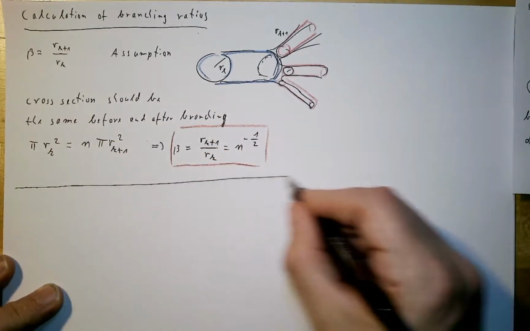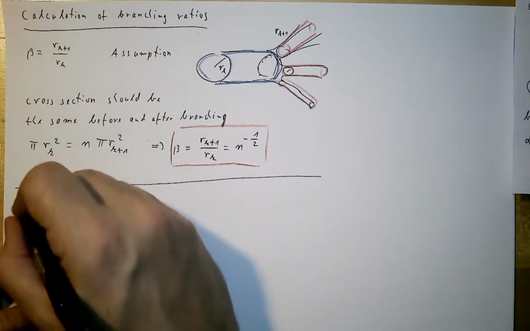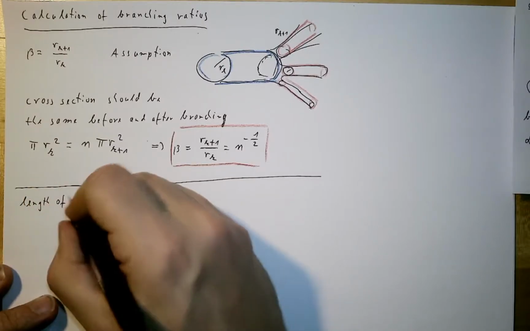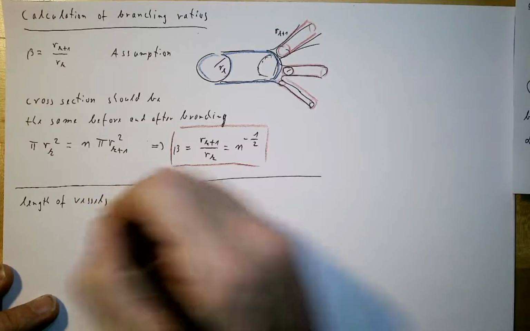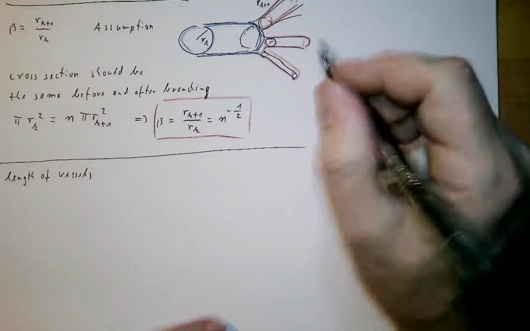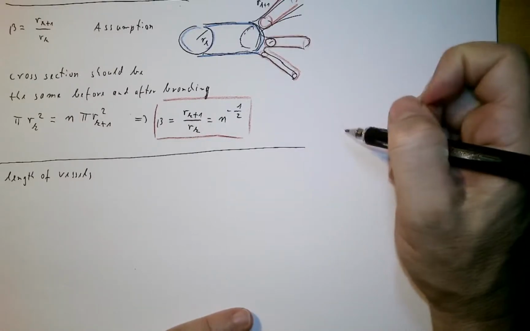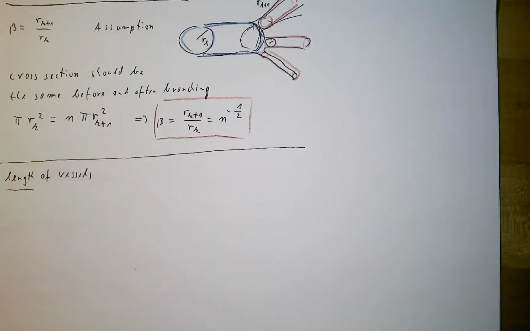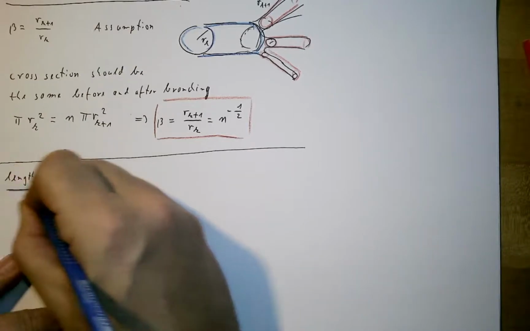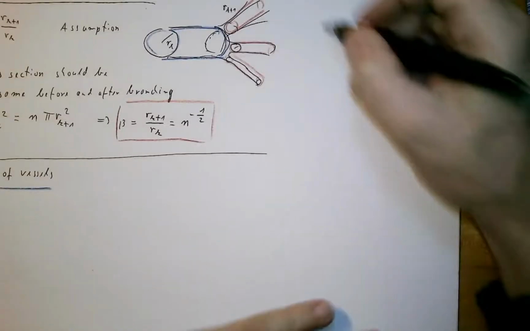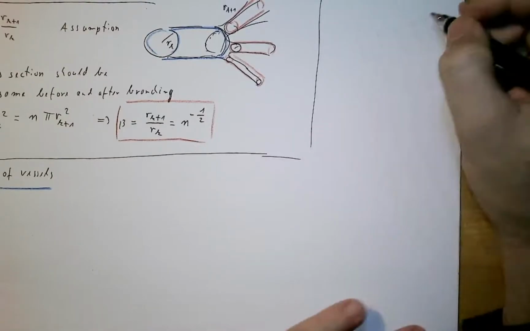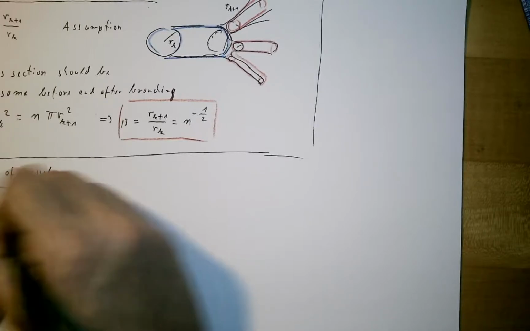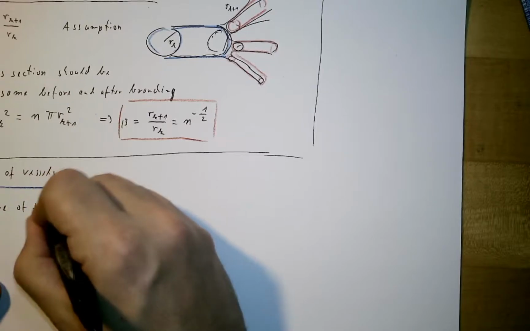Now what's happening if we look at the length of the vessels? And now we can also make an assumption. We look again at volume, but now we don't calculate the volume of the blood vessel itself, but we calculate the volume of the supplied tissue.